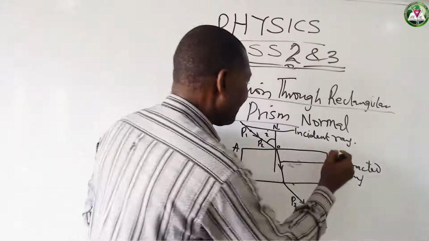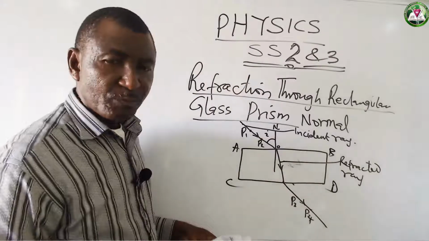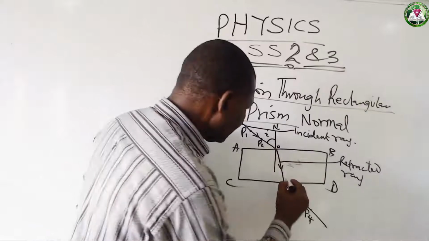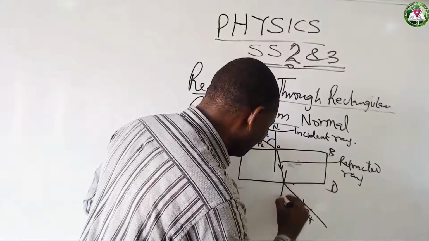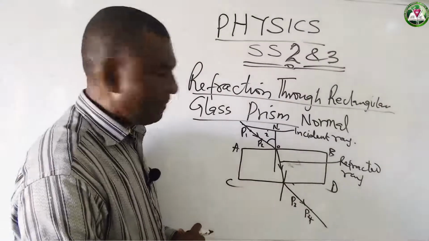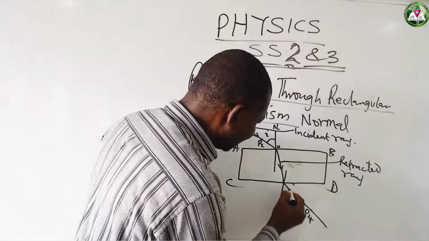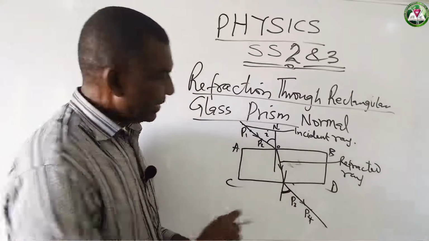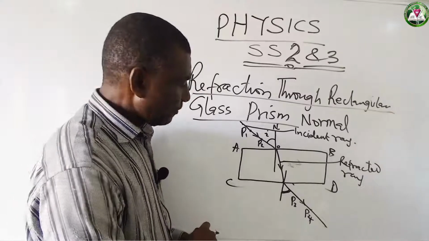So if this is our A, B, C, and D as the rectangular glass prism, at this point there is another line which is your normal. It bends away from the normal. At this point, there is an angle between the normal and this ray that has deviated.